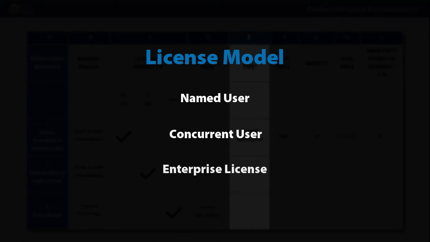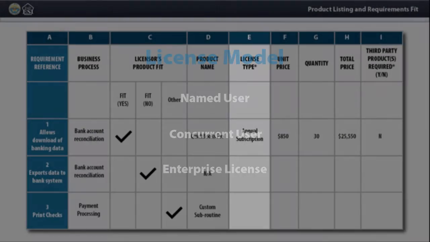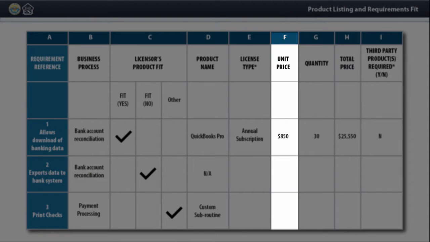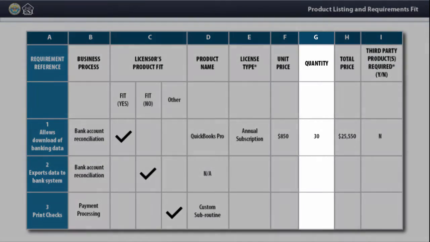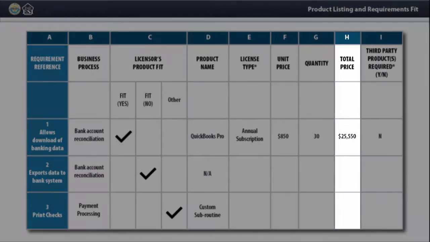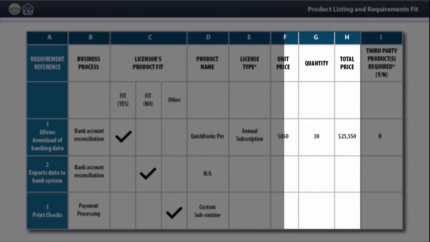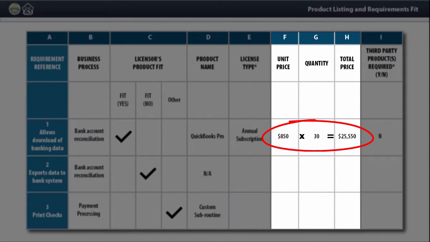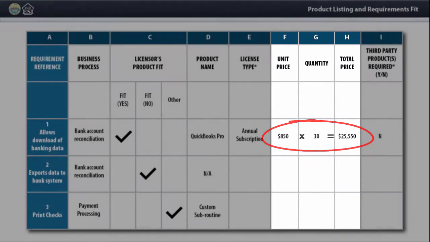Also, this is where you would identify the license model, such as named user, concurrent user, or enterprise license. Column F shows the price for one unit of each product. G shows the total quantity needed, and H defines the total price, which is calculated by multiplying the unit price by the quantity needed.